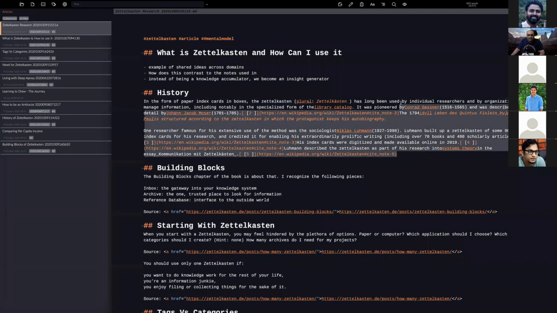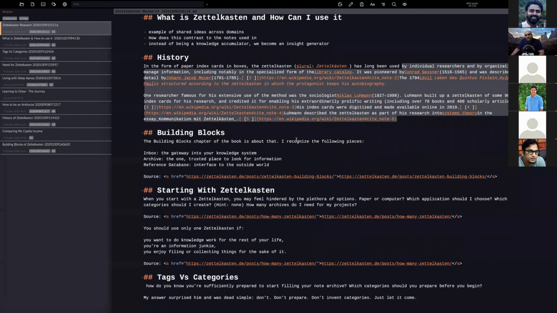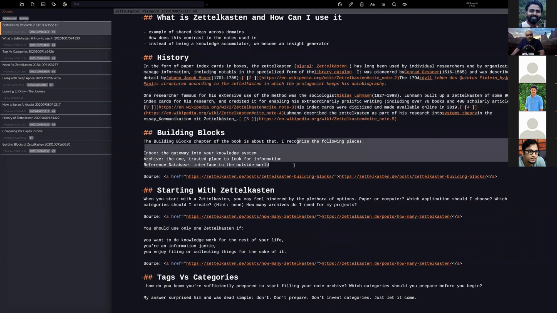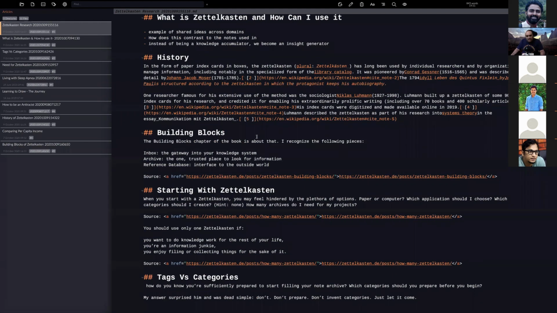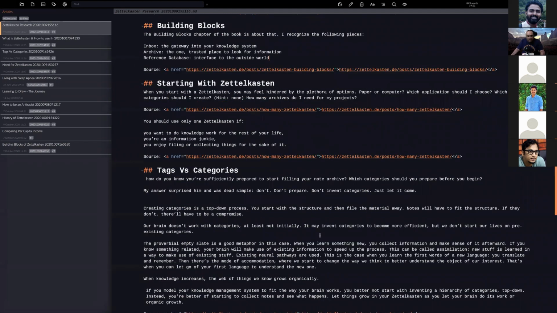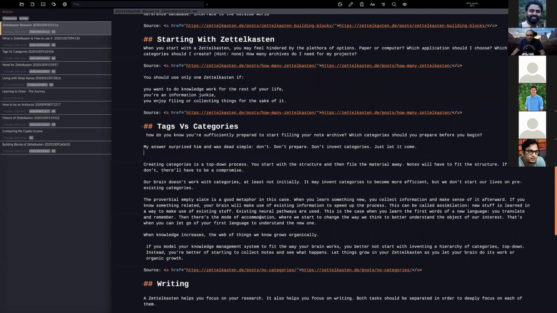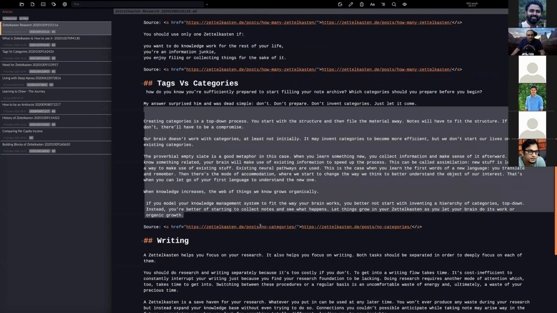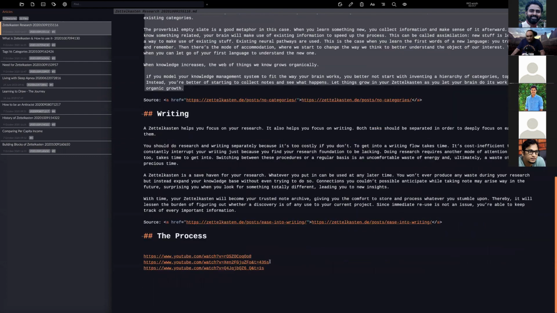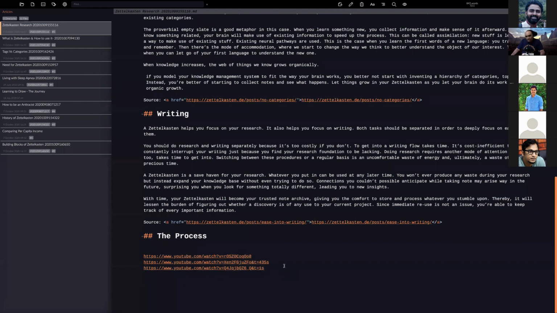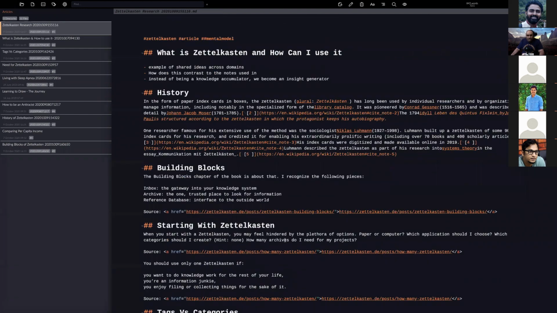I just copy pasted the history. Then I went to zettelkasten.de and I went to all the articles. I copy pasted some of those pieces. There was a huge thing on tags versus categories that I copied. There was a thing on writing. There were all the YouTube videos. Many things that I did. This is a literature note. It is your raw notes.